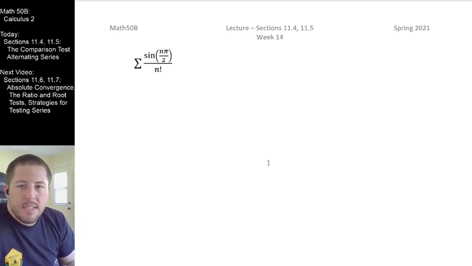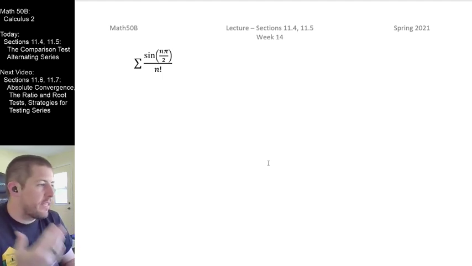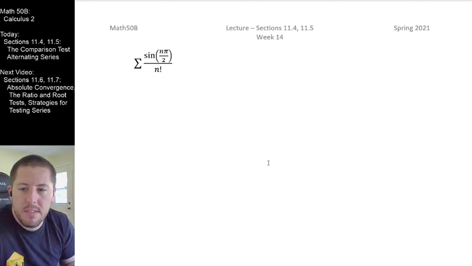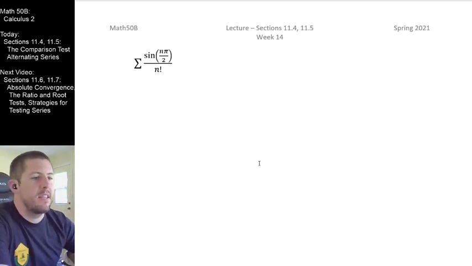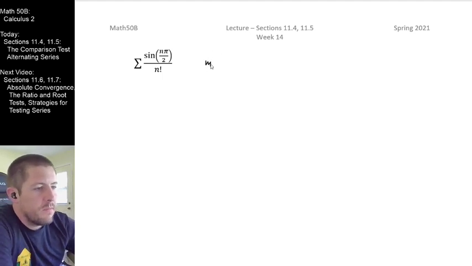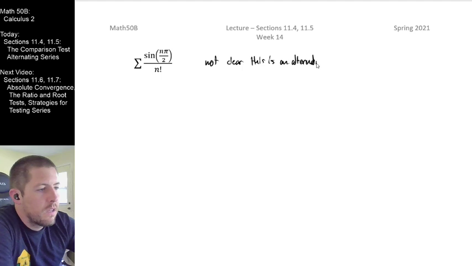So what's up with this guy right here? The sine of n pi over 2 over n factorial. I think the first thing that's kind of obvious to me about this series is that it doesn't necessarily seem like it's alternating. It's not clear that this is alternating. We want this in the form -1 to the n times b sub n.